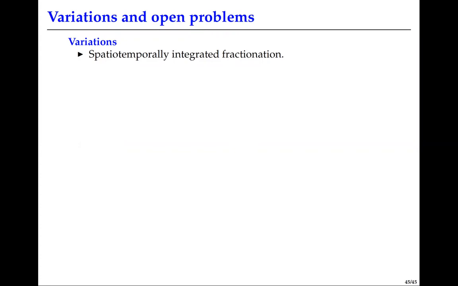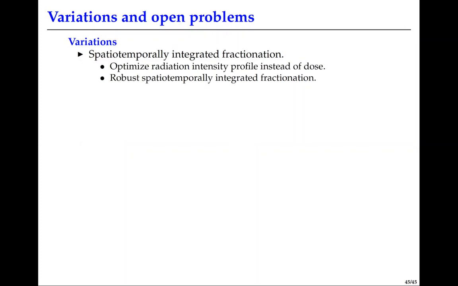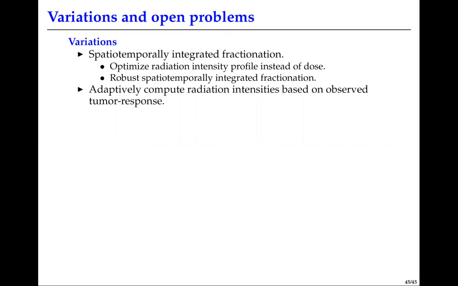So you can actually write down formulations of the problem that I discussed, where the decision variable is not just dose, but instead it is actually the intensity profile of the radiation field. Okay, and work has been done for those types of problems as well, both in the optimal fractionation context as well as the robust counterpart. Also, there is work in the literature where these radiation intensities are actually computed adaptively based on observed tumor response.